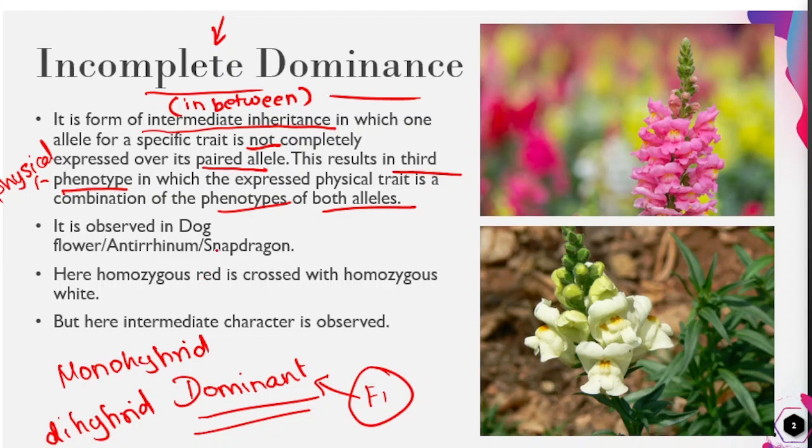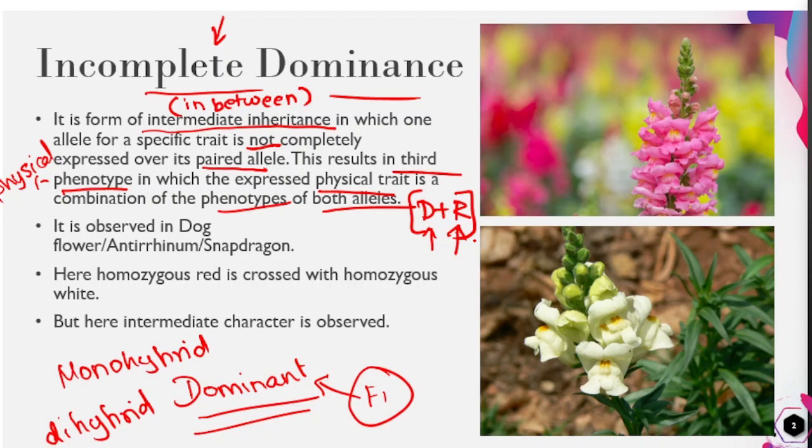So that third phenotype is the combination of the dominant character and the recessive character. Now you have an idea of what this is.